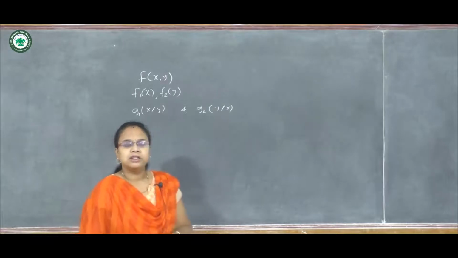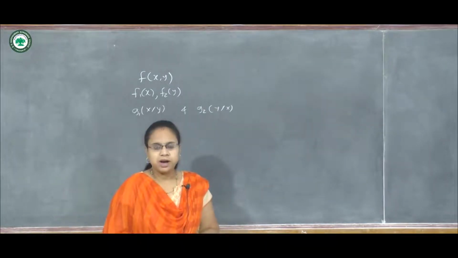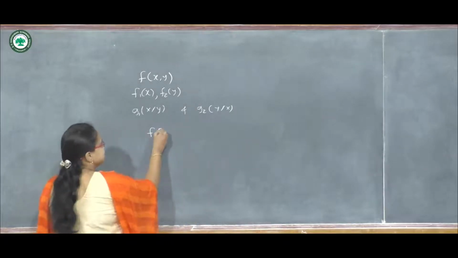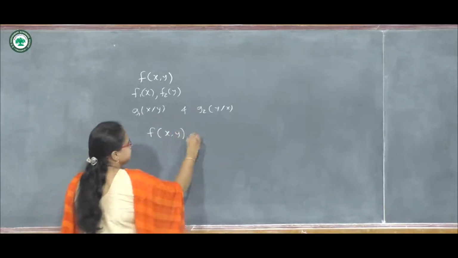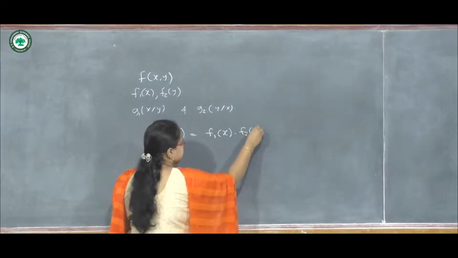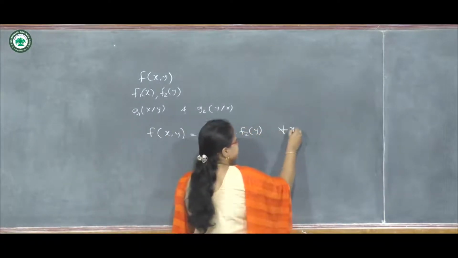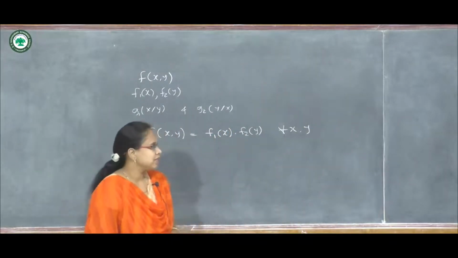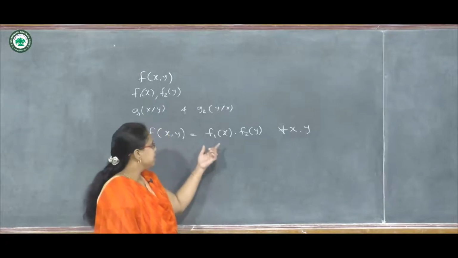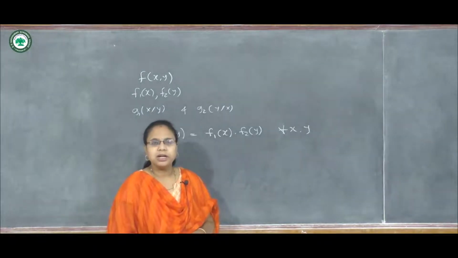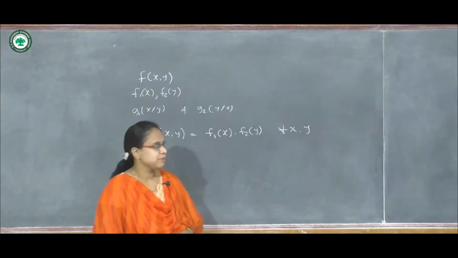Then the random variables X and Y are said to be independent if this condition is satisfied for all x and y. So for all values of x and y in the given range set, if this condition is satisfied, then X and Y are said to be independent random variables.